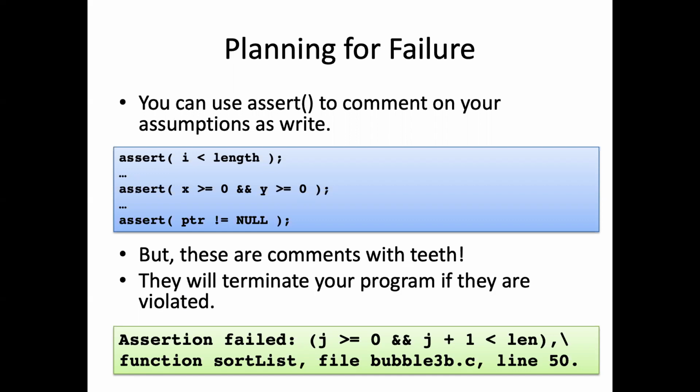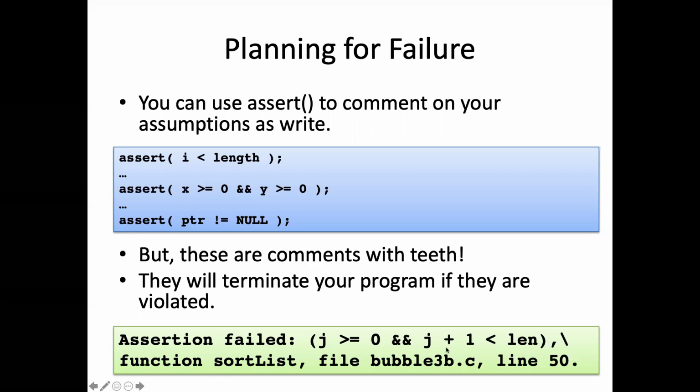The nice thing about this is with assertions, you don't have to write out the code to print out what went wrong and where it went wrong. Whenever an assertion fails, like I said, your program will terminate and you'll automatically get output that looks kind of like what I'm showing down at the bottom. This will all be on one line. I just couldn't fit it all on one line on my slide, but it'll say something like assertion failed, and then it'll say the condition on the assertion, using exactly what code you put there.